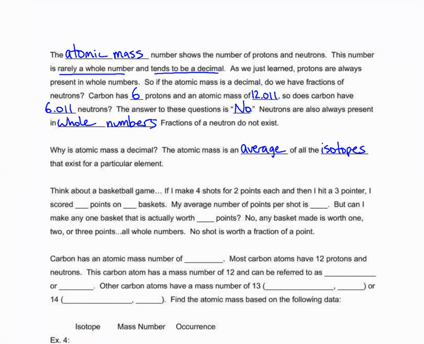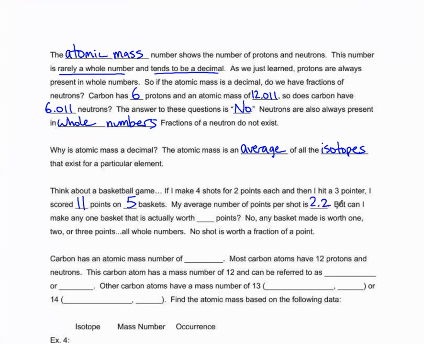But it's an average. So think about a basketball game. If I make 4 shots for 2 points each, there's 8 points. And then I hit a 3-pointer, I have scored 11 points on 5 baskets. My average number of points per shot is 2.2. But is it possible?